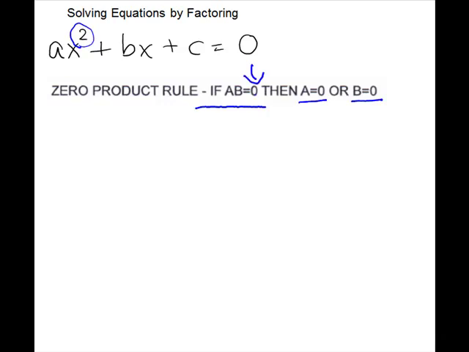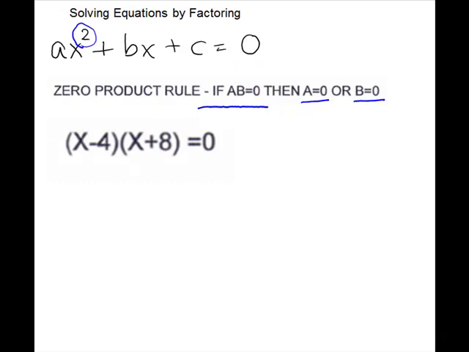No other number could be here and use this property. The other side must be a product. The way you get a product, if you don't have one, is to factor. Right? Once you have those two conditions, you break your product apart and set each piece of the product equal to 0 and solve. Let's look at some problems.